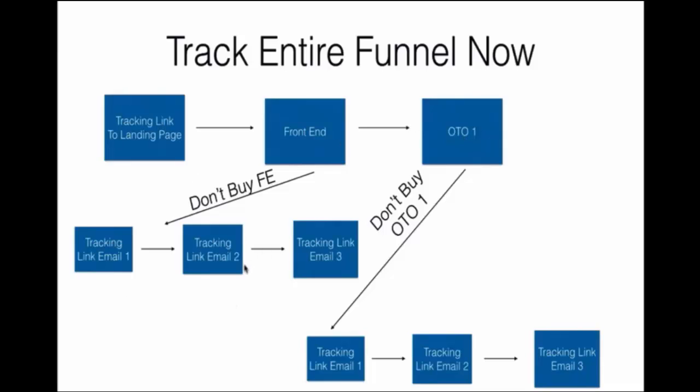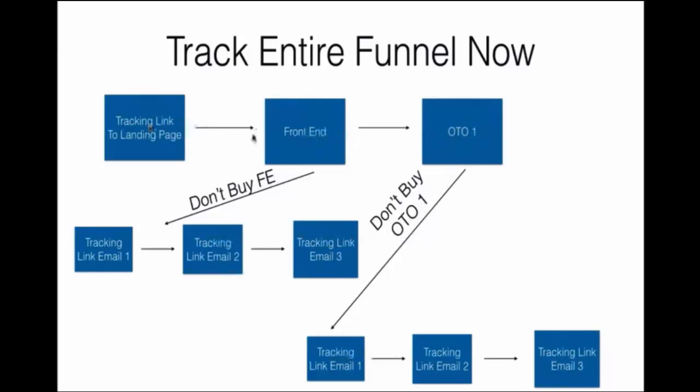You can do that now with this new feature, because you'll be able to have a tracking link for the squeeze page, right? And then when you redirect people to your front end offer, you can just make an actual tracking link for the front end. So you can literally make the link that goes to this page your actual ClickMagick tracking link. Then you can make the link that goes to the OTO page an actual ClickMagick tracking link.